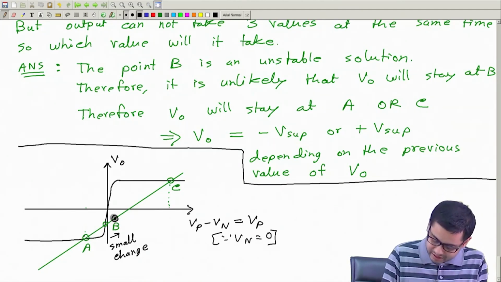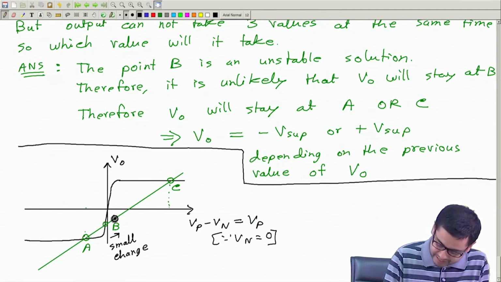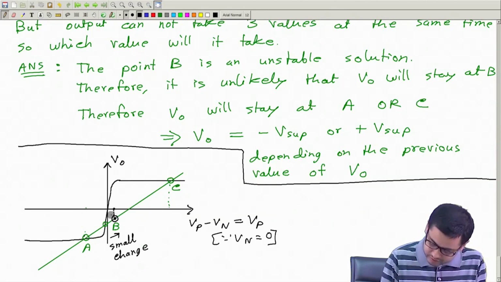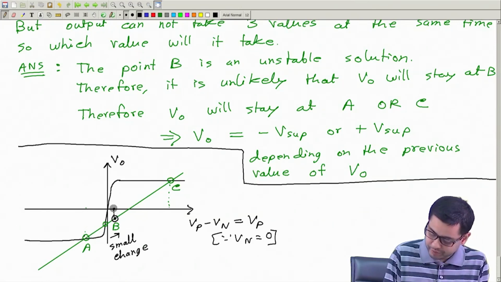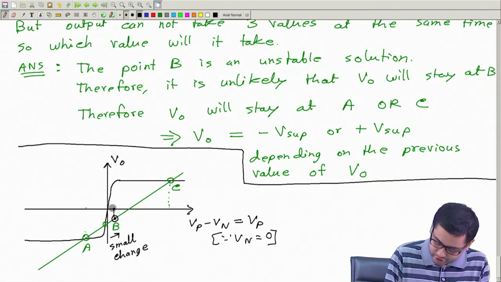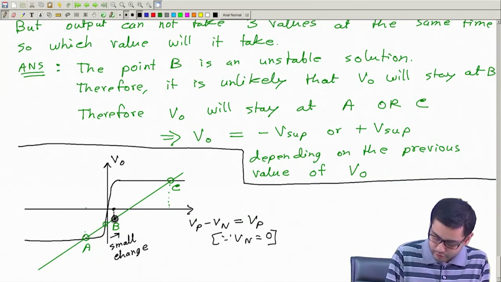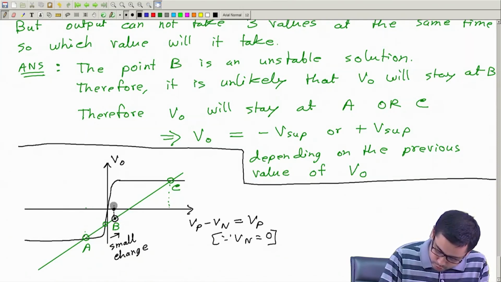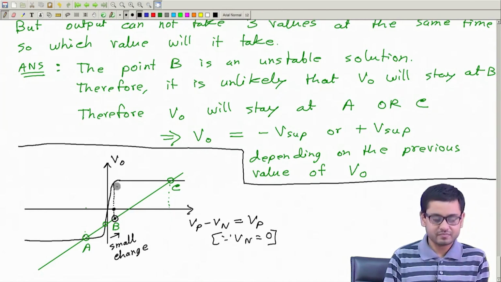Now what happens? The static characteristic, or the property of the op amp, says that at this value of input, which is the value of Vp or Vp minus Vn, because Vn is 0, by dropping a perpendicular from this new point, the output of the op amp should be this much.